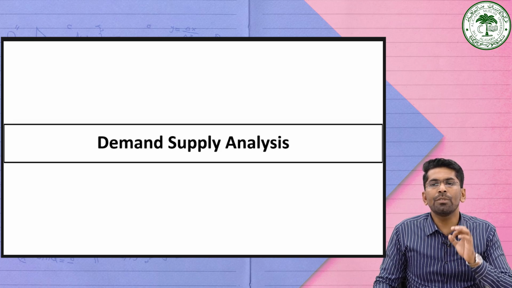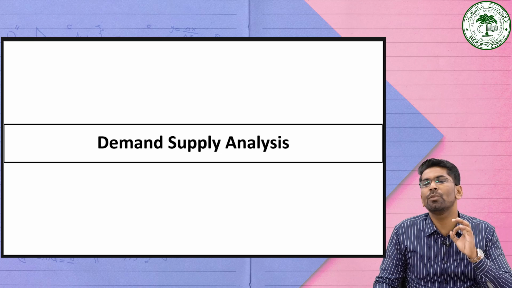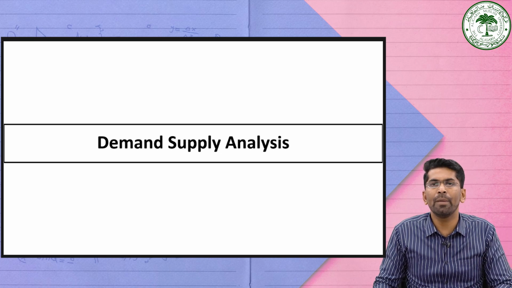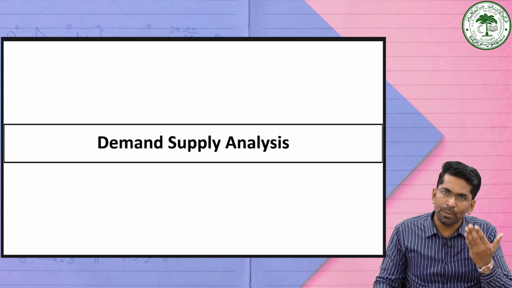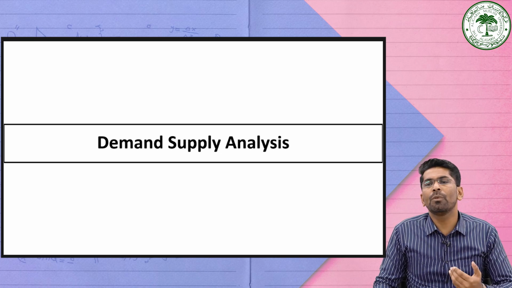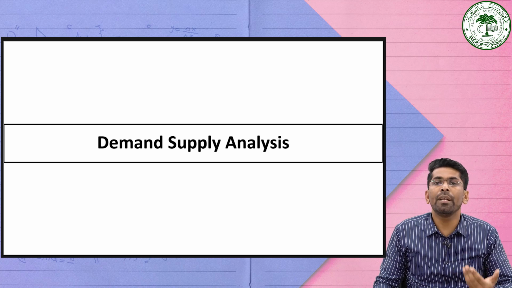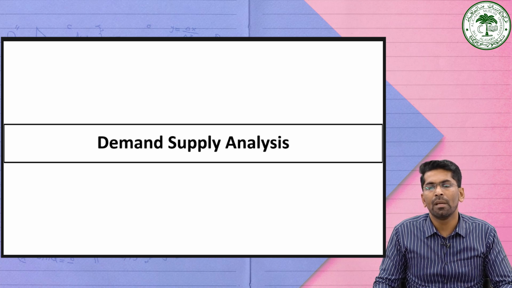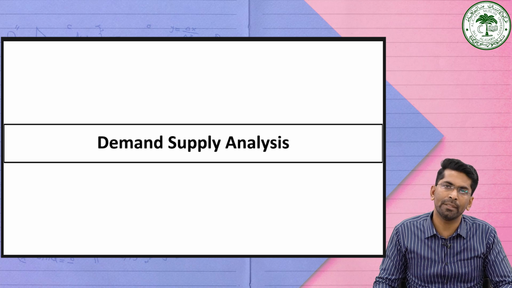One of the most common types of equation used in economics is the demand and supply equation. These equations express the relationship between the quantity of goods and services supplied by producers and the quantity demanded by consumers, and both are typically a function of price.